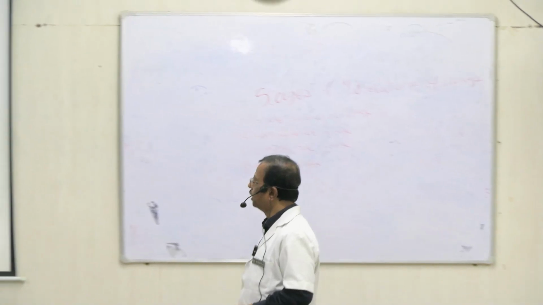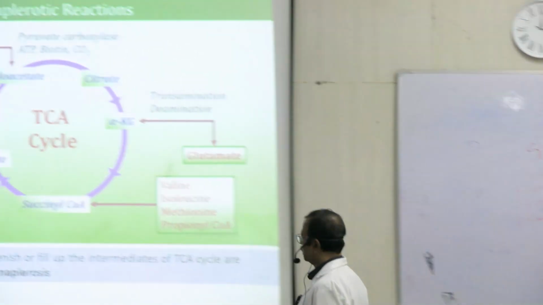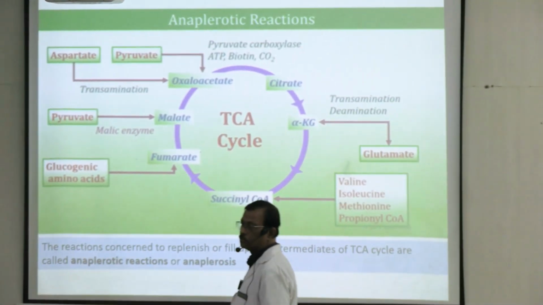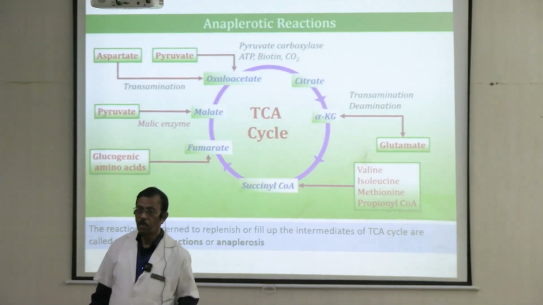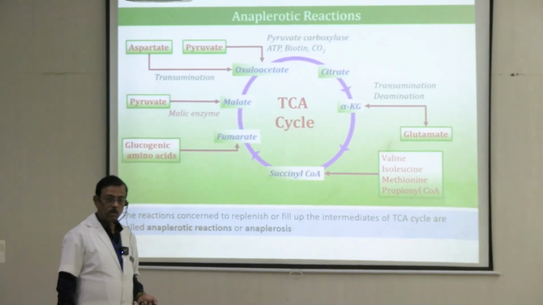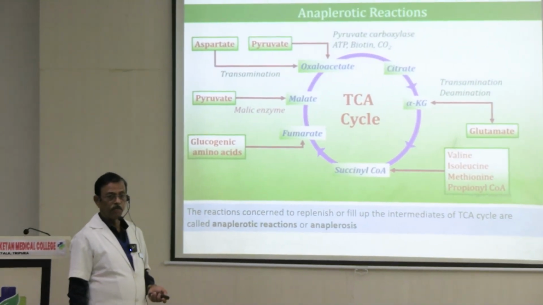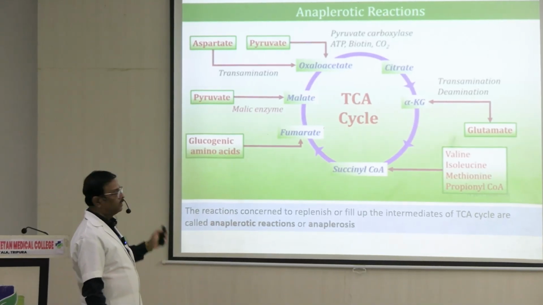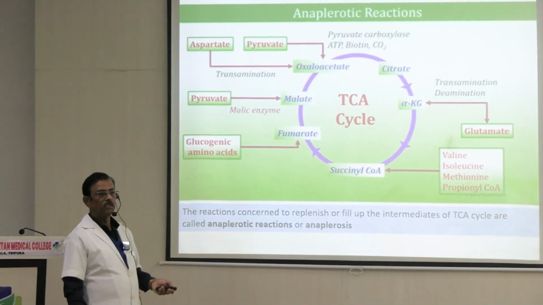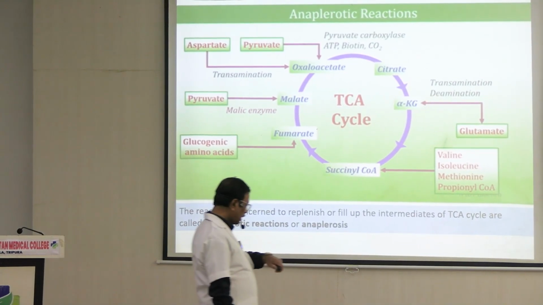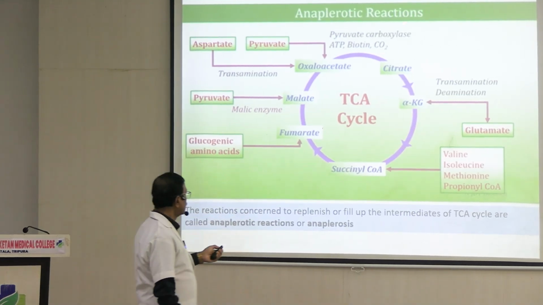In almost all states, there are reactions which can replenish the deficiency of intermediates of the TCA cycle. These reactions which replenish the intermediates of the TCA cycle are called anaplerotic reactions.